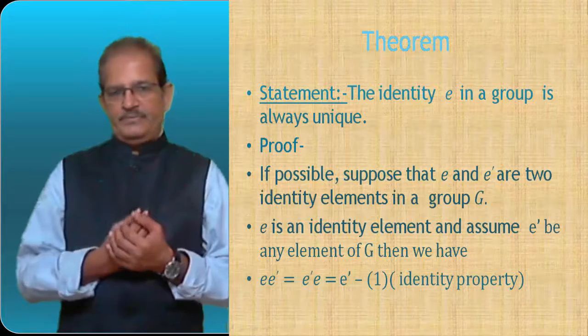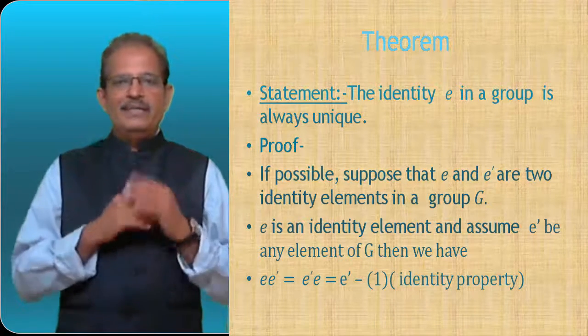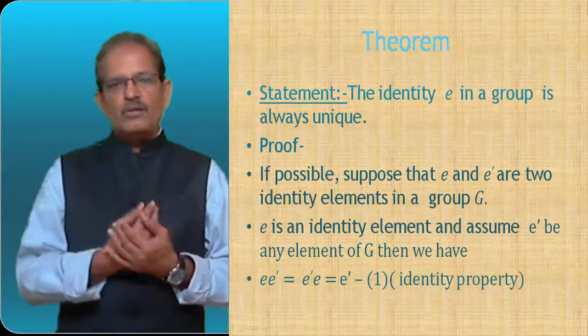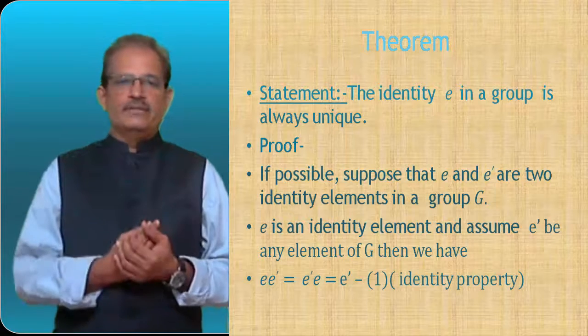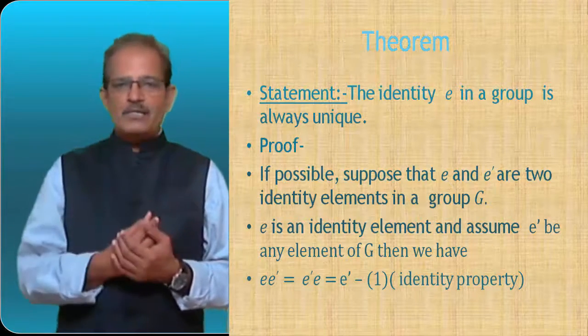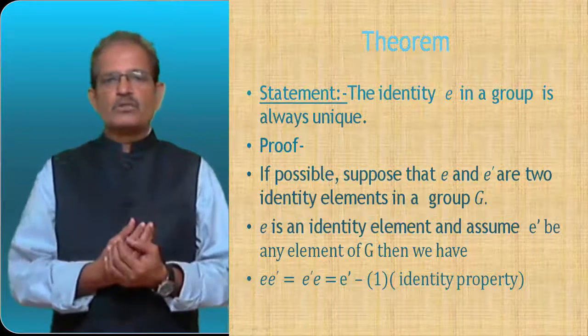How to prove it? If possible, suppose that E and E dash are two identity elements in a group. So normally you have to prove that it is unique. So, by contradiction, you consider there are two identity elements E and E dash. So definitely E and E dash both are identity elements.